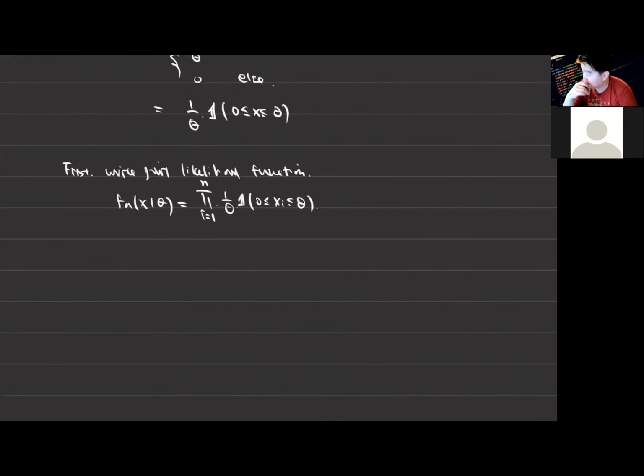This time you're going to notice that this indicator function comes in handy. Once we have this, technically speaking, there isn't a whole lot we can write. 1 over theta is 1 over theta. There isn't a whole lot of calculation. So we essentially write it out as 1 over theta to the power of n, times the indicator function, that's your range of support.